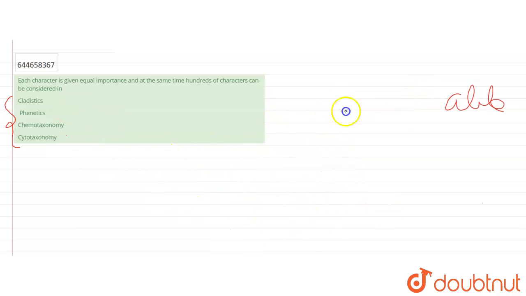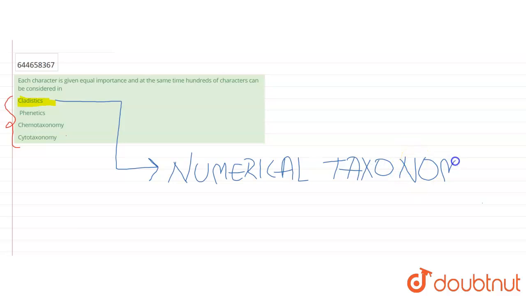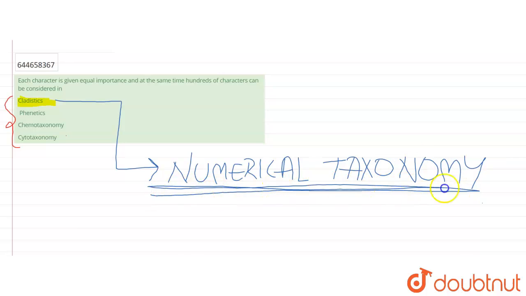So let us move to option A, which is cladistics, and which is the correct option. Cladistics is basically also referred to as numerical taxonomy. And when we are writing numerical taxonomy, it is quite clear that we are talking about a number of characters, hundreds of characters in numerical taxonomy.